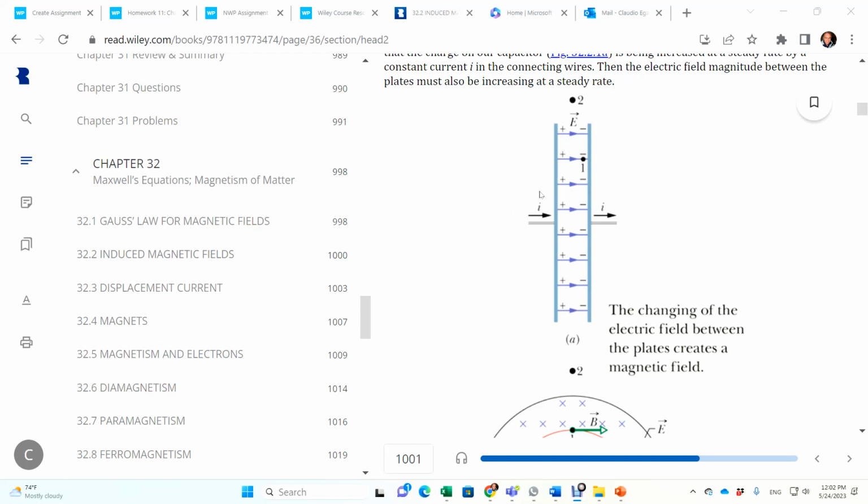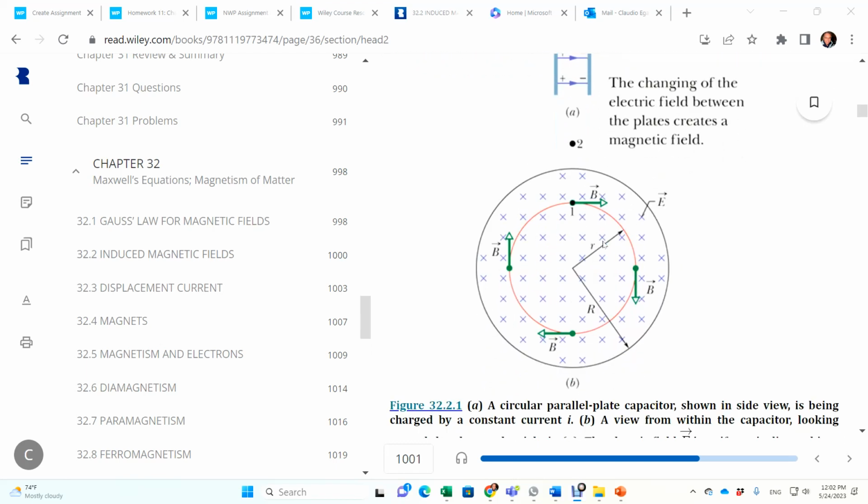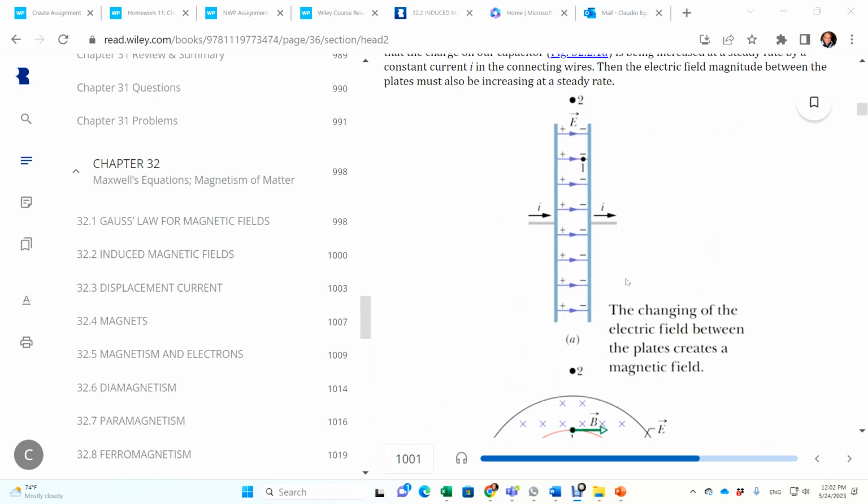Ampere's equation holds very well for this region of the wire, because you have a physical current flowing at this loop and another physical current flowing at this loop. But when you put the Amperian loop between the plates of the capacitor, you have no physical current whatsoever.